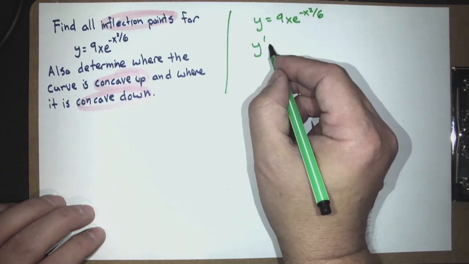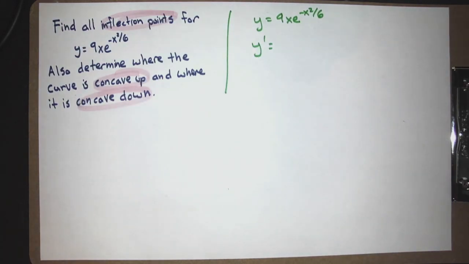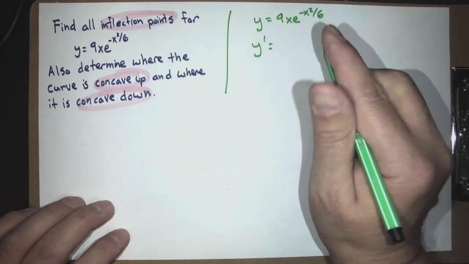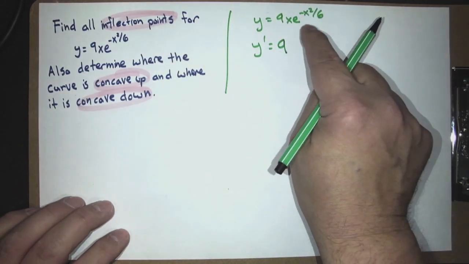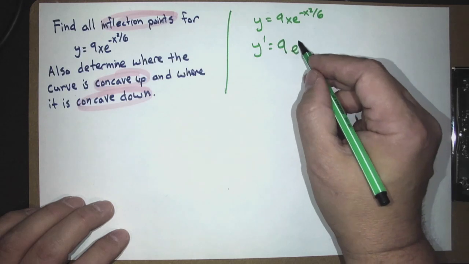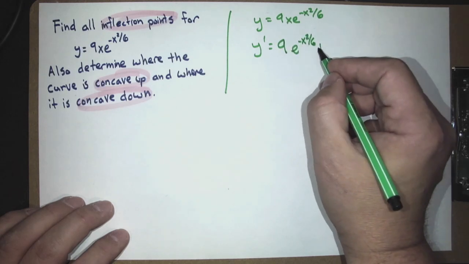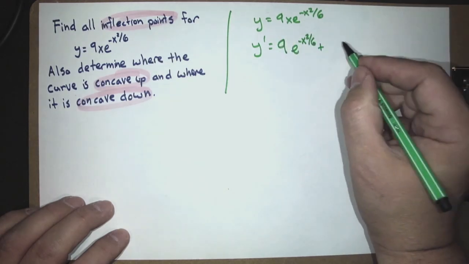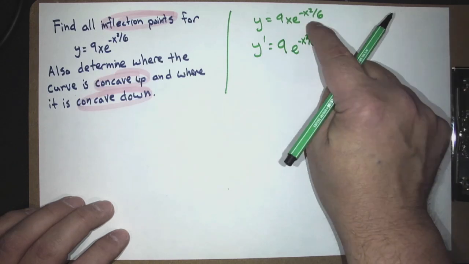So, we practice. What rule do we need to take the first derivative? Product rule. Do we want to walk through it slowly, or do you trust me enough to let me walk through it quickly? Quickly? Okay. The derivative of the first, 9, times the second, e to the minus x squared over 6, plus the first, 9x, times the derivative of the second.